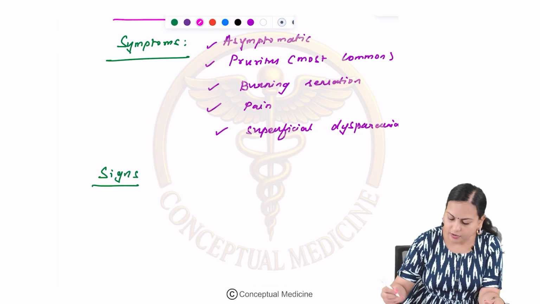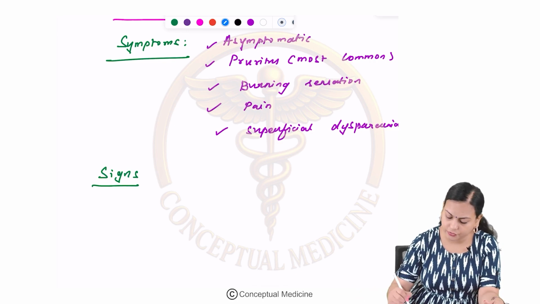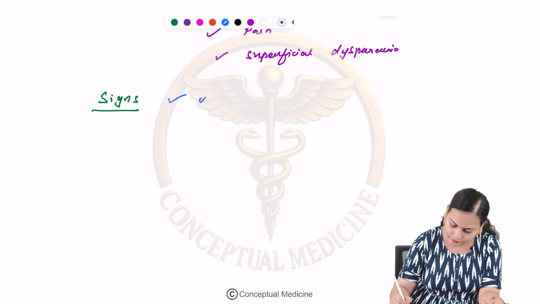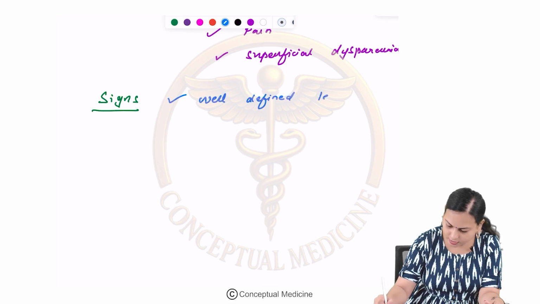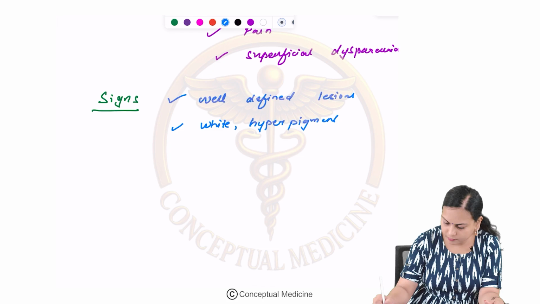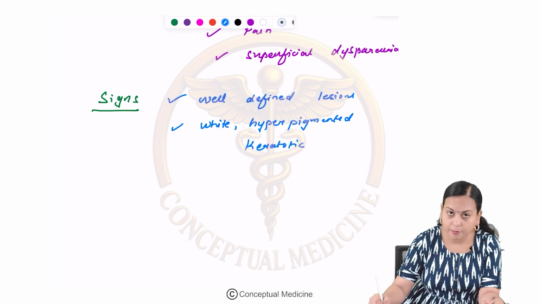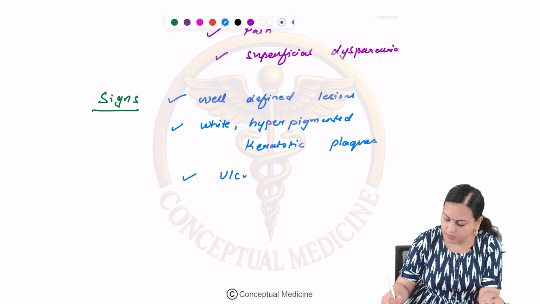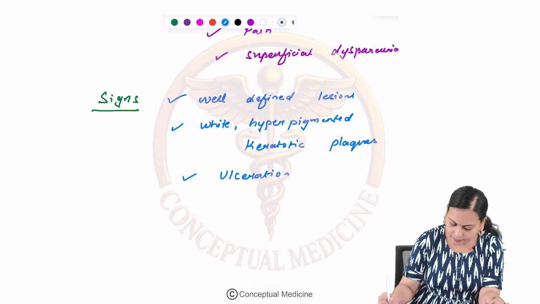These are usually well-defined lesions which will have white, hyperpigmented keratotic plaques. Then there can be ulcerations as well.